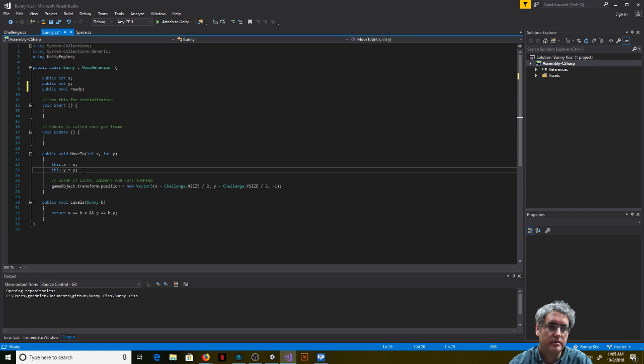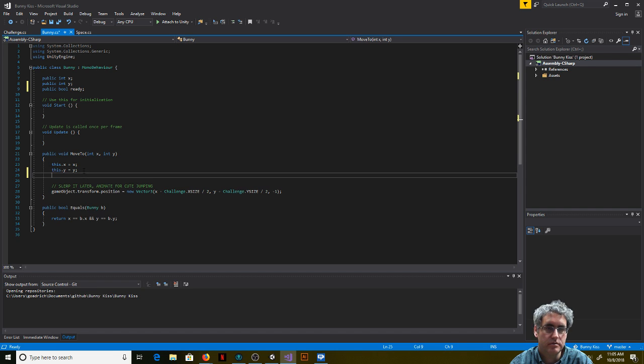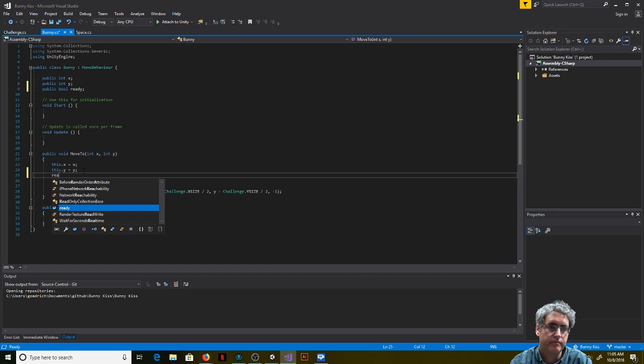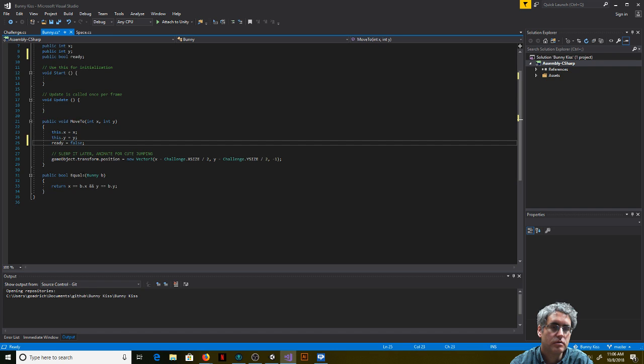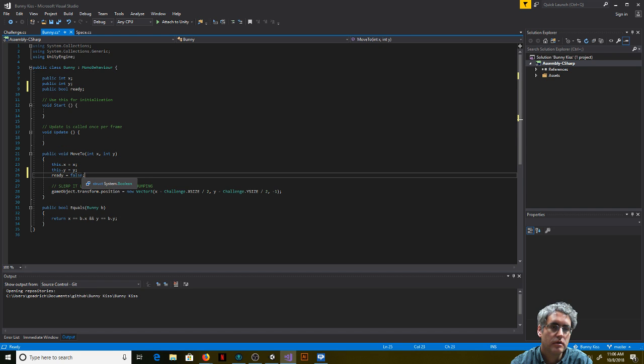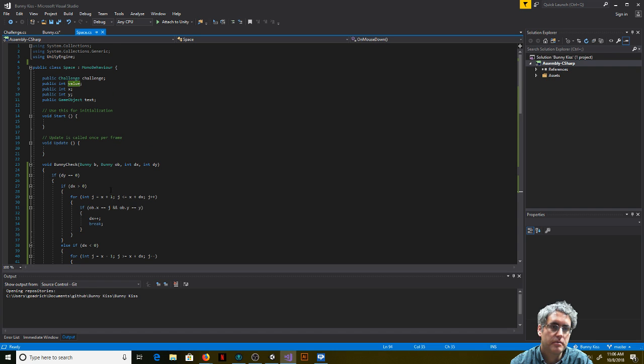So as soon as you move, you're going to say ready equals false. What do the spaces have to do?